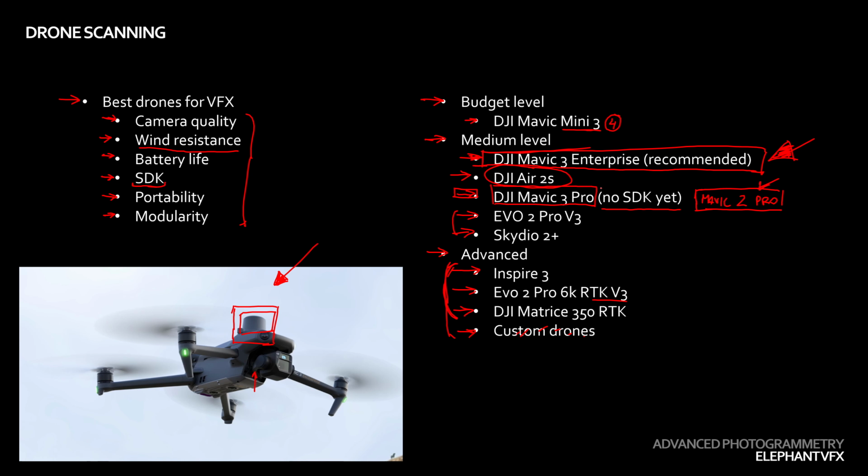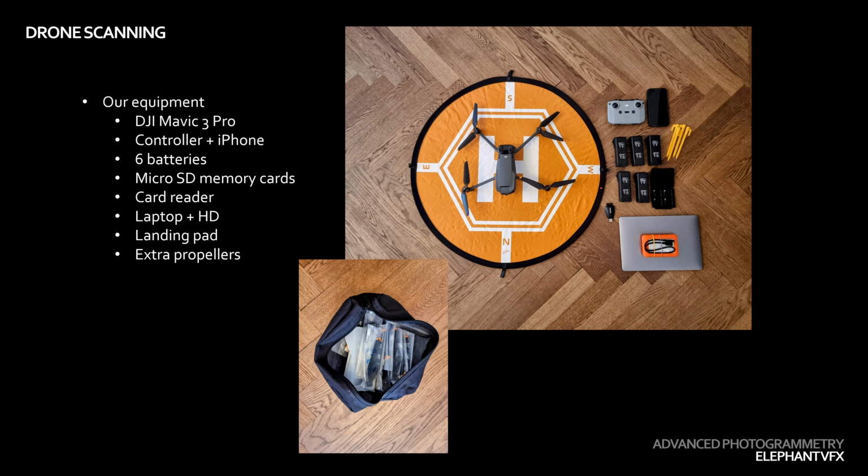All right, so this is everything that I want to say about hardware, about drones. This is the equipment that I'm going to use for this course. So I'm going to use my DJI Mavic 3 Pro, which is this guy here. I prefer to use the classic controller with an iPhone, you put this iPhone here.